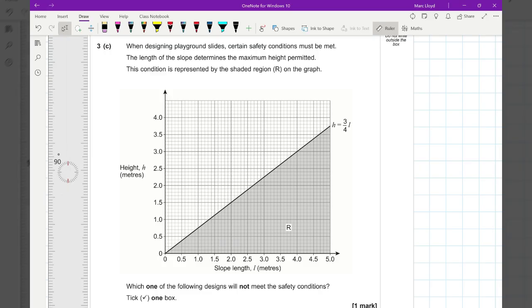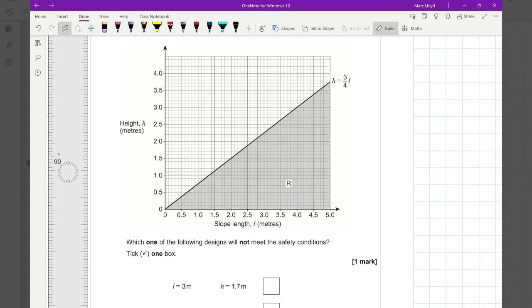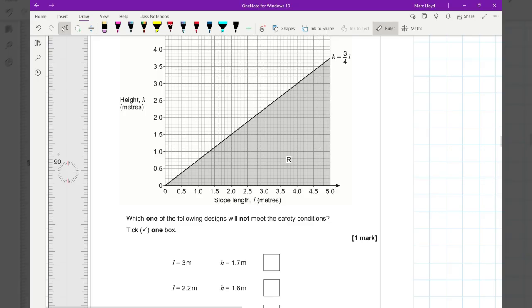So when designing playground slides, certain safety conditions must be met. The length of the slope determines the maximum height permitted. This condition is represented by the shaded region, R, on the graph. Which one of the following designs will not meet the safety conditions? So we've got a length of 3 and a height of 1.7, which goes there, that's fine.